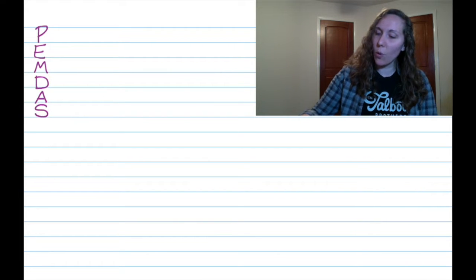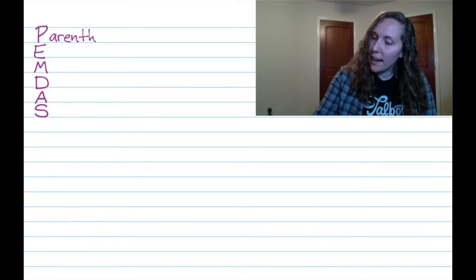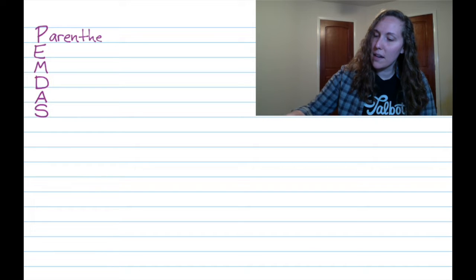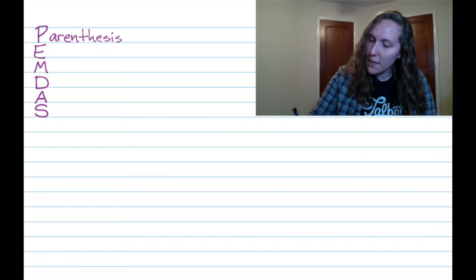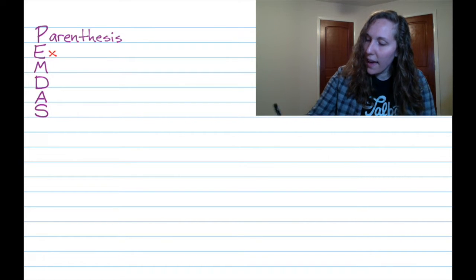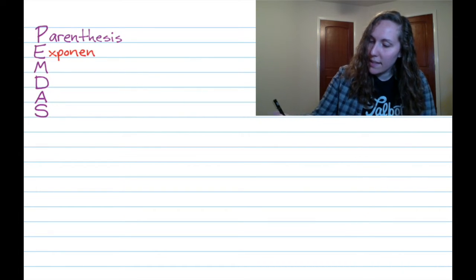P stands for parentheses, P-A-R-E-N-T-H-E-S-I-S. E is for exponents, E-X-P-O-N-E-N-T-S.